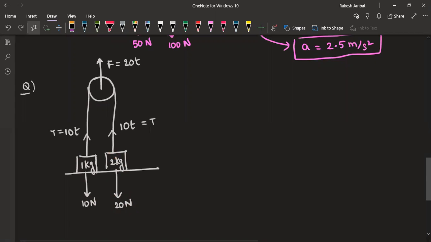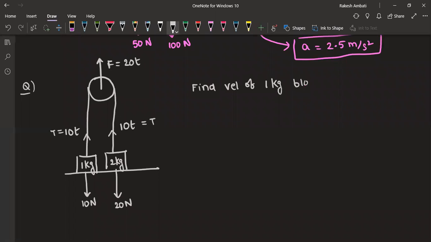Write down the question. Find the velocity of the 1 kg block when the 2 kg block just lifts from the ground.